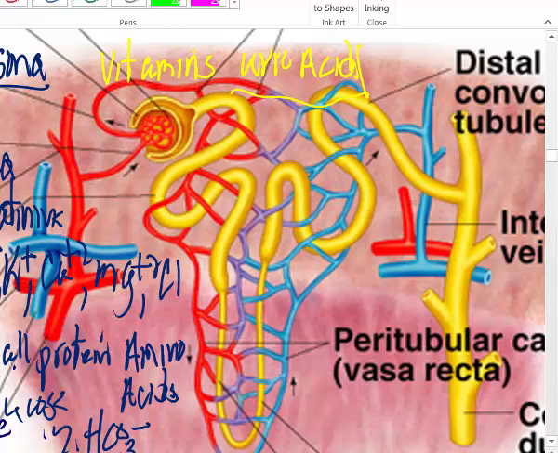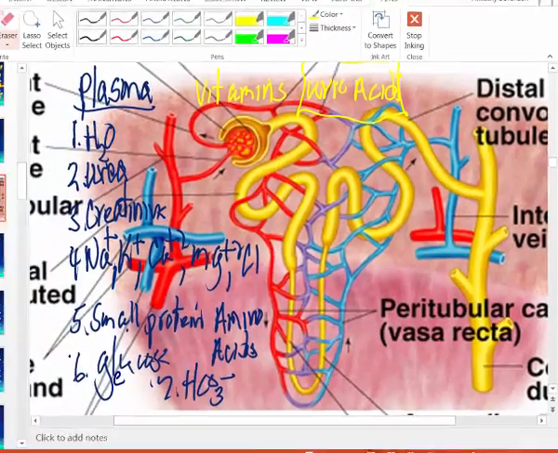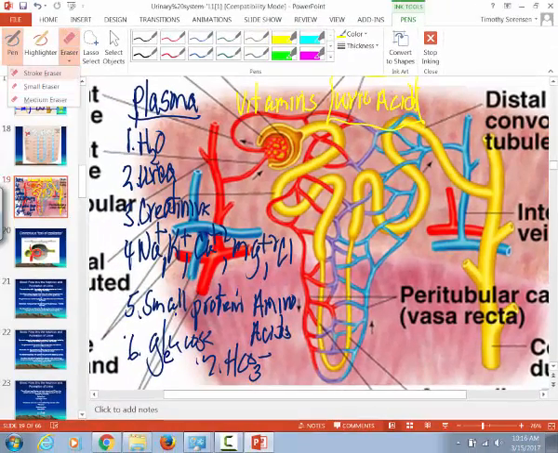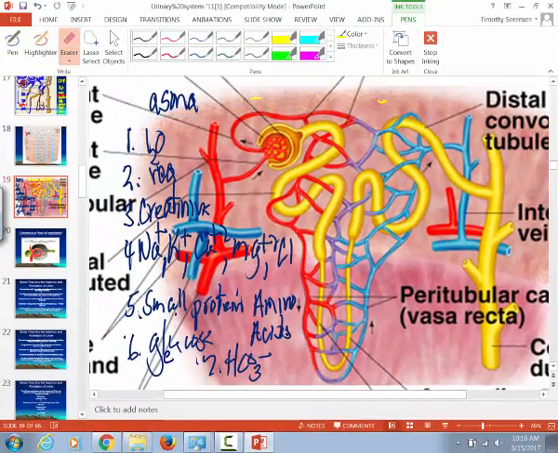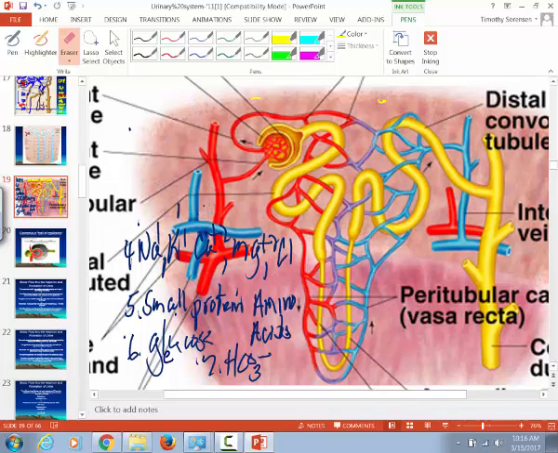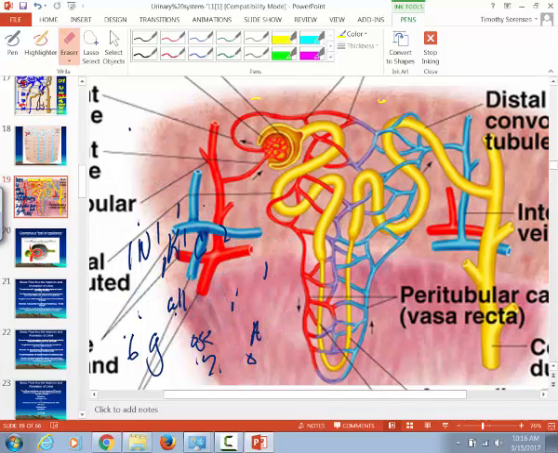This is important when you talk about gout. That's why I bring it up. So those are the big things that we need to talk about in terms of what's in the plasma and what is ultimately going to be found in urine.